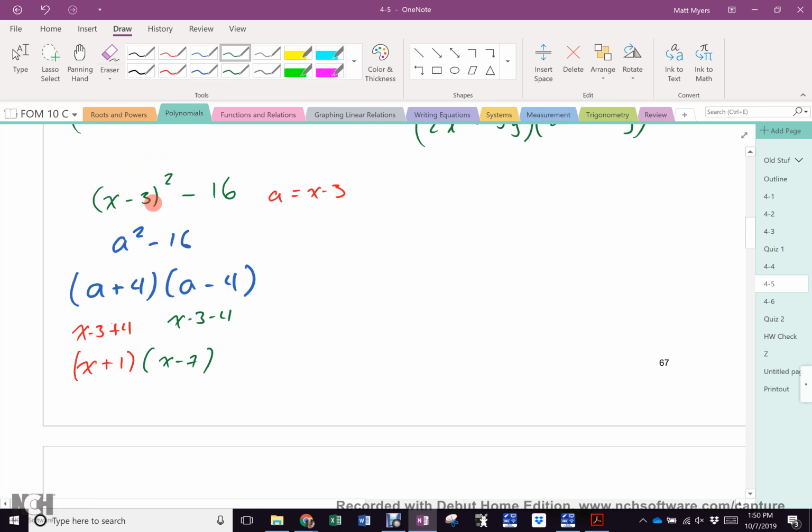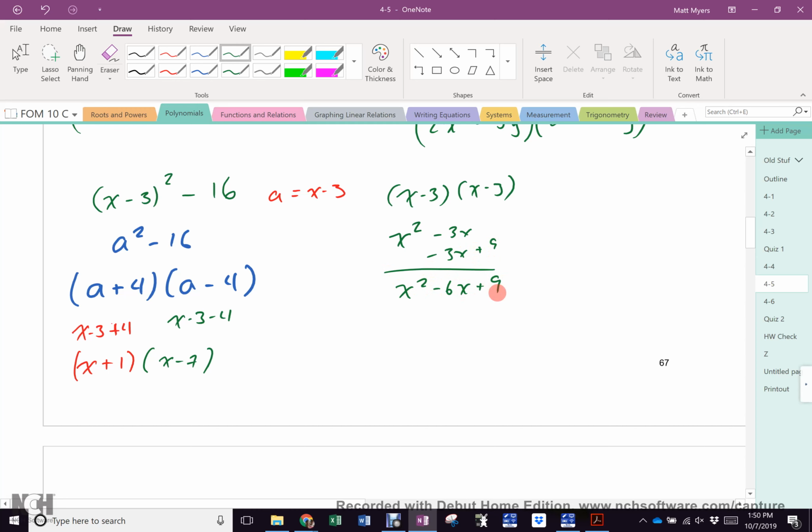What do these brackets do to x minus 3? It holds it together as a group, yes? So x minus 3 squared is really x minus 3 times x minus 3, isn't it? Which is really x squared minus 3x minus 3x plus 9, x squared minus 6x plus 9, yes?